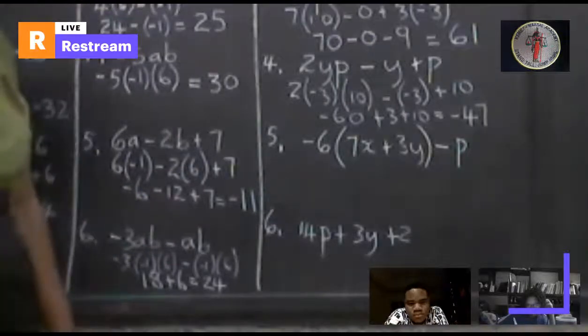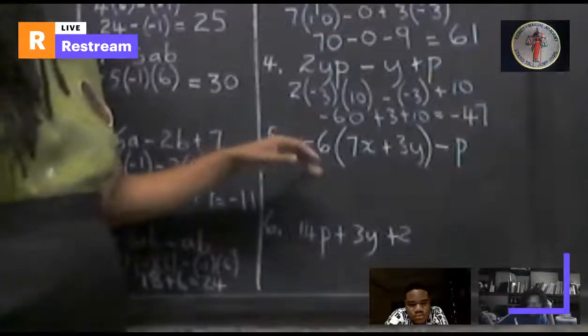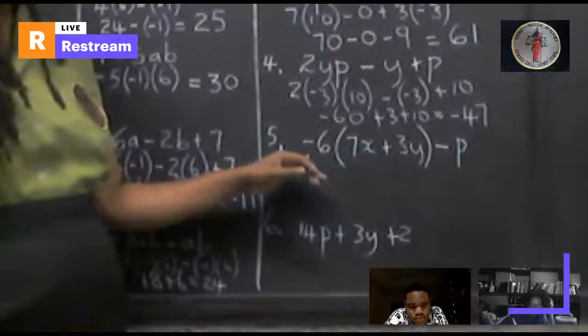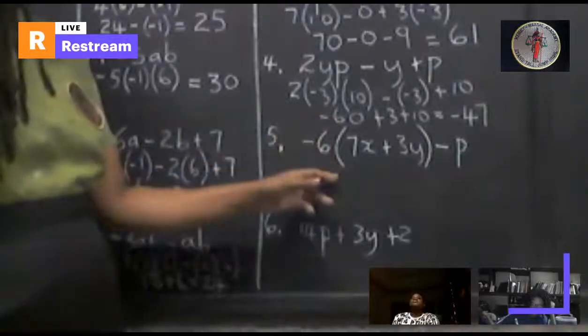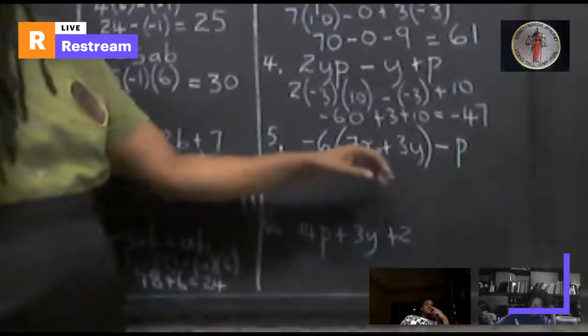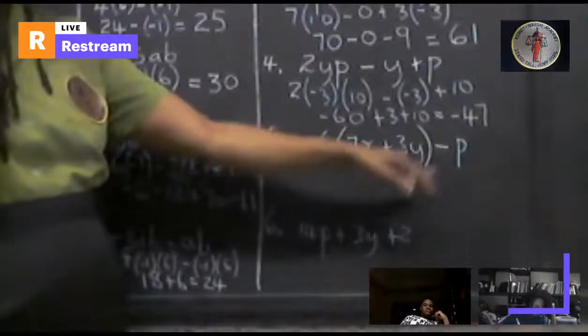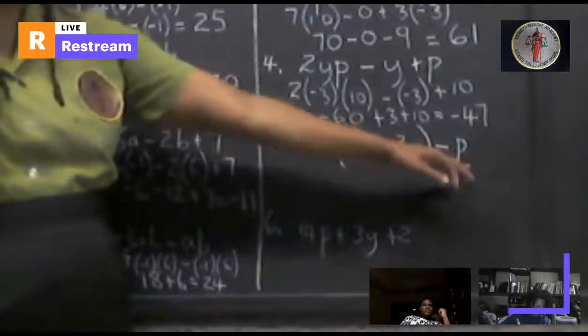Number 5, we have negative 6 bracket 7x plus 3y bracket minus p.